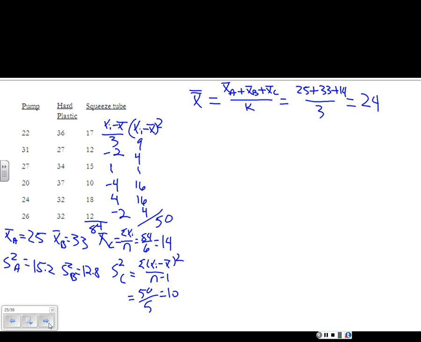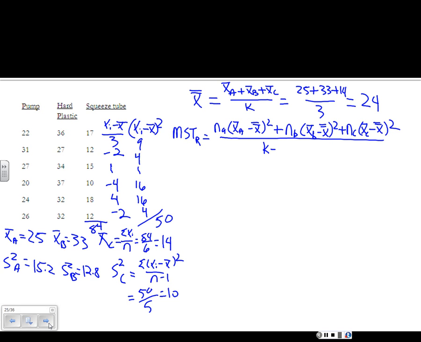And then the mean square treatment is equal to n_A times x bar A minus x double bar, squared. And just do the same thing for the next two groups. And all that's divided by k minus 1. Again, k is just the number of groups that we had here.